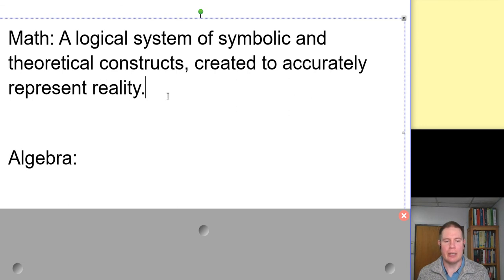And some of the things we learn from studying the system itself don't seem to have anything to do with physical reality. And then dozens of years or hundreds of years later, all of a sudden some insight comes out that uses that theory, right? But at its most fundamental, whether that's counting or the operations of arithmetic, those things represent what's actually happening in real life, right? So that's what we mean by math, a logical system of symbolic and theoretical constructs created to accurately represent reality.